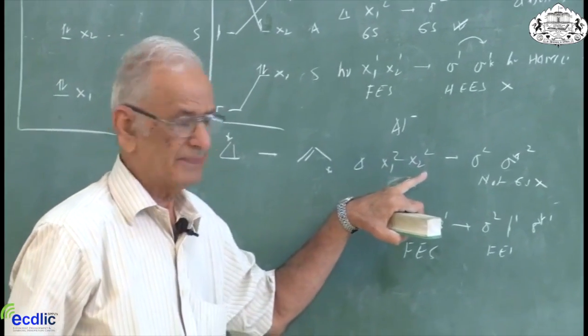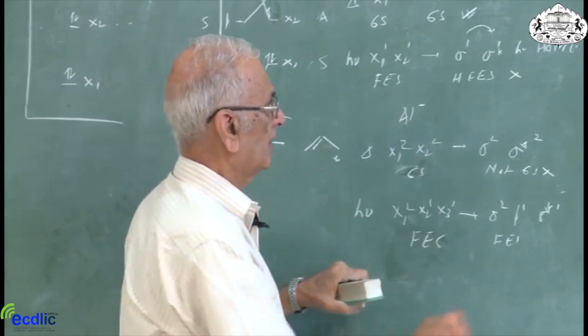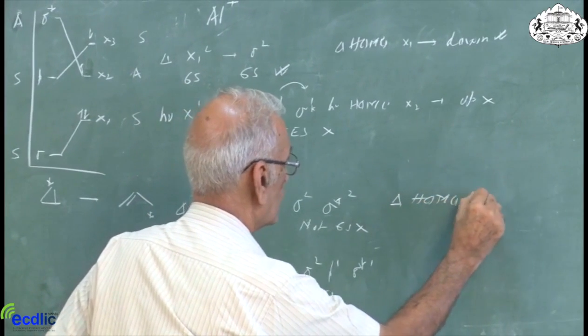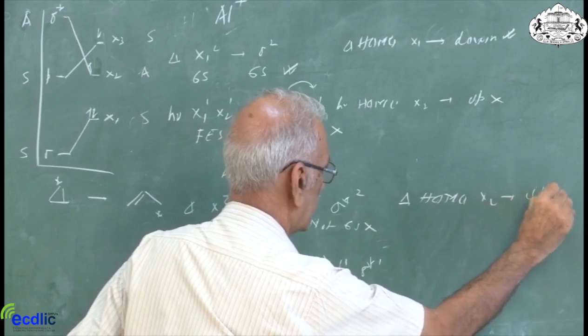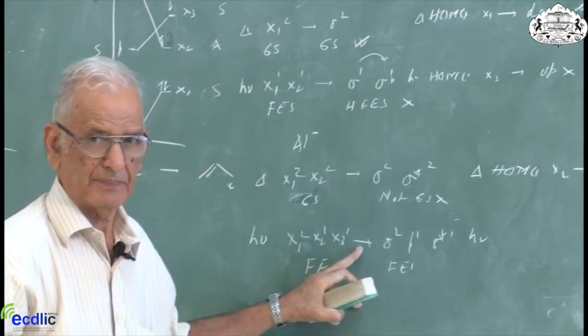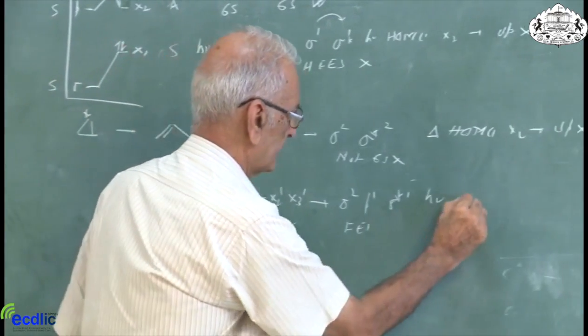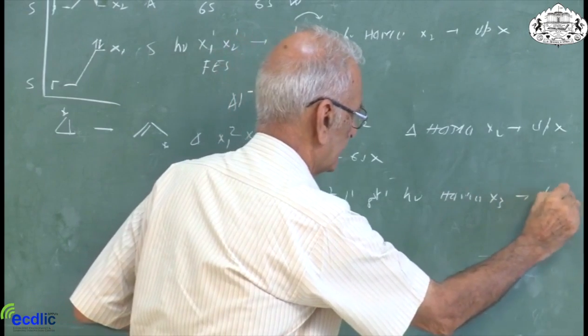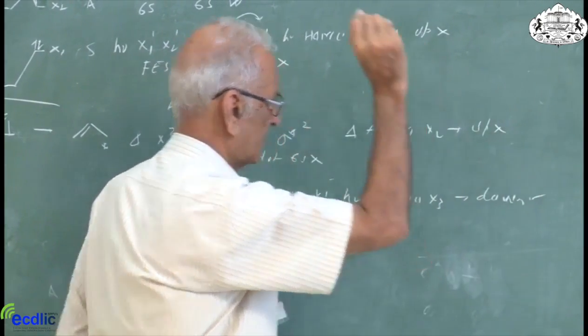What is the picture here? HOMO for this thermal reaction, HOMO is x2, x2 goes up, therefore disallowed. For the photochemical reaction, x3 is HOMO, x3 goes down, therefore it is allowed.